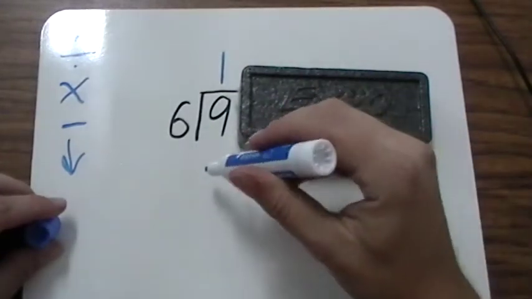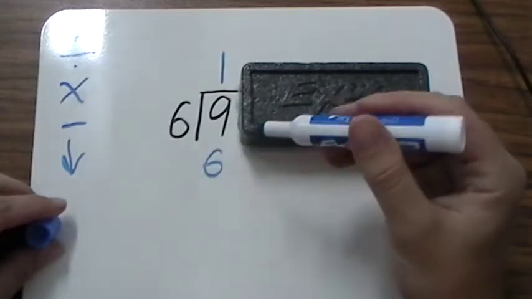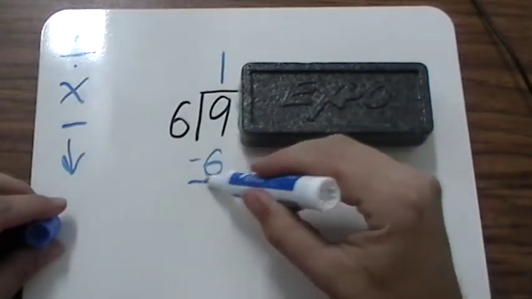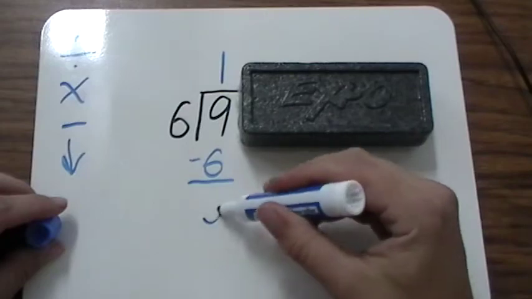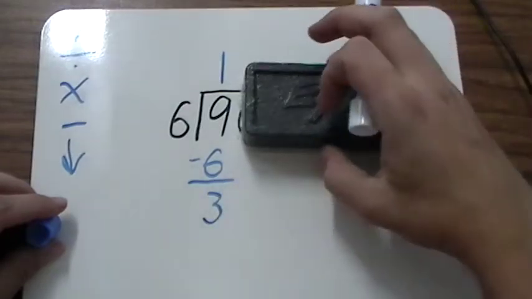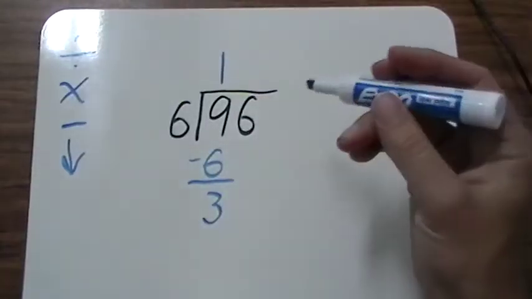1 times 6 is 6. Divide, multiply, subtract. 9 subtract 6 is 3. Now I bring down. What do I bring down? Oh, the number I was hiding.